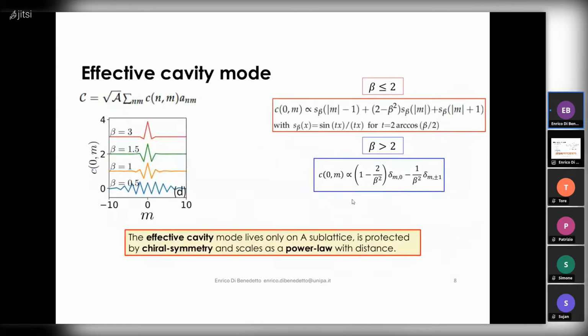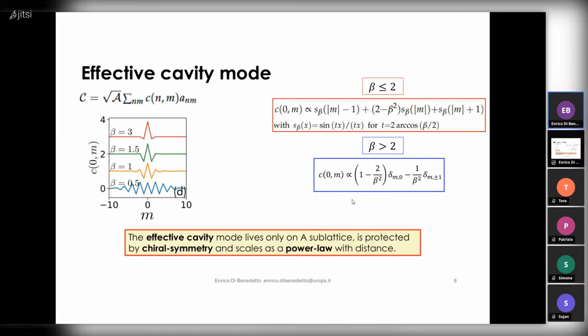Now, since Enrico asked, what about the effective cavity mode? Does the effective cavity mode have some special localization properties? It turns out that it does. Since we are coupling our qubit to the edge of the system, we just focus on the wave function of the effective cavity mode on the edge.